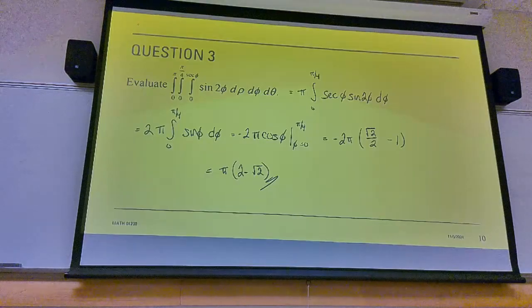I missed the step up top where we went right to pi over 4 of phi. I just missed how we abbreviated that, how we did that.